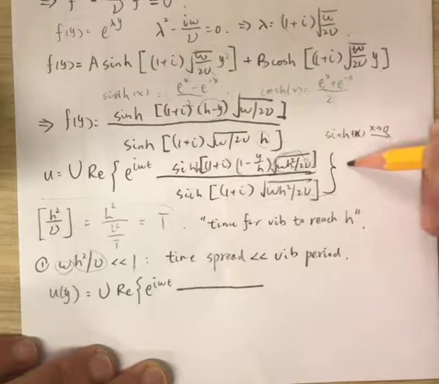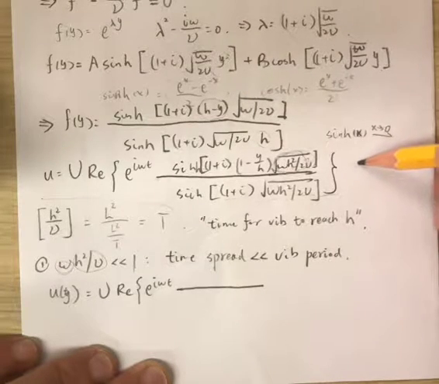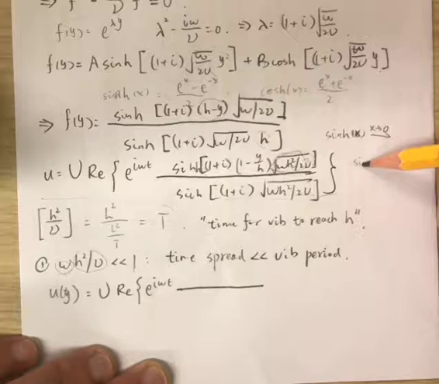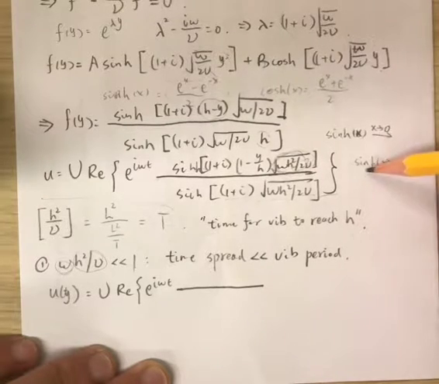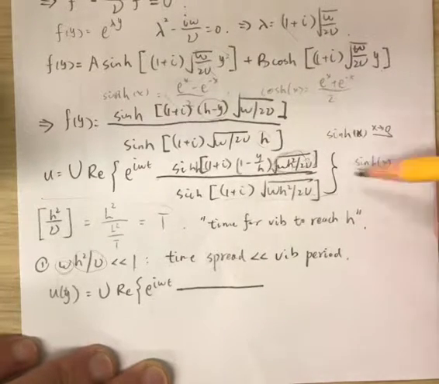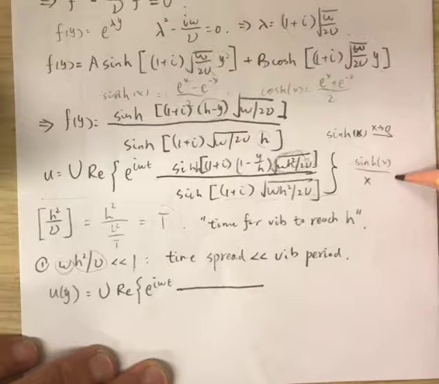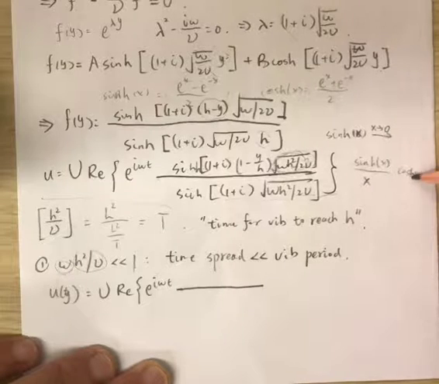We can maybe write it this way: sinh x over x, let's say. When x tends to 0, this thing is 0 over 0, right? If we use L'Hopital, then we take the derivative of both the numerator and denominator. We get cosh x over 1.